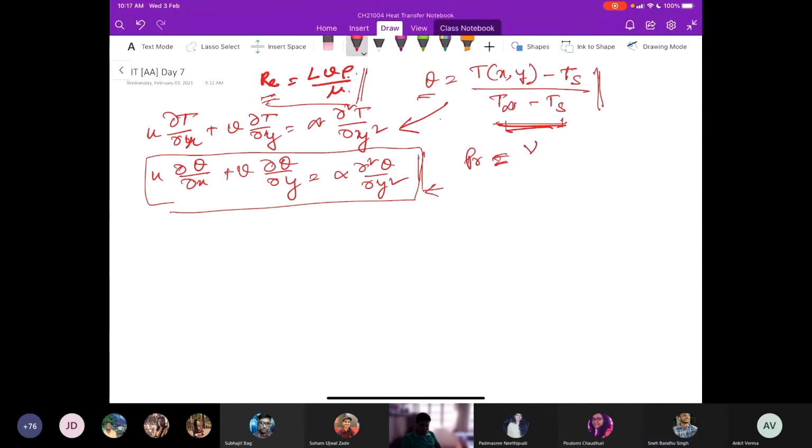That means this is nu by alpha. So what will happen in this part? You will have this momentum diffusivity term after non-dimensionalizing this part.